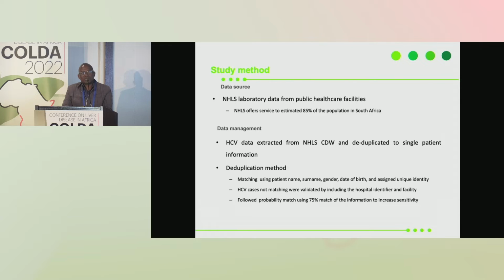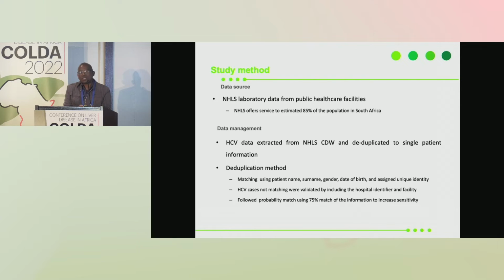As I mentioned, the source of data for this study was the NHLS laboratory data from public health care services. The National Health Laboratory Service offers service to an estimated 85% of the population in the country. For data management, we extracted the data from the National Health Laboratory Service Central Data Warehouse and deduplicated it to one patient.